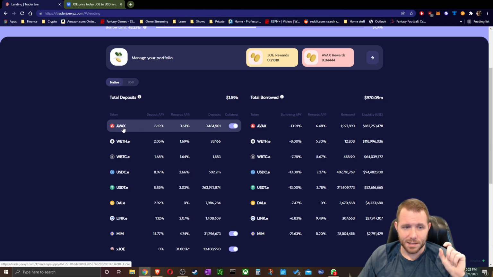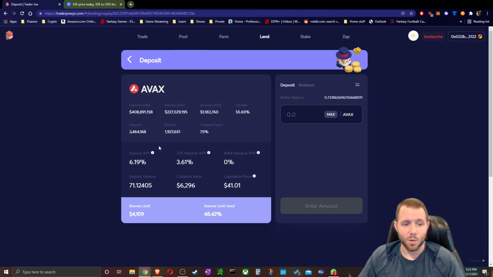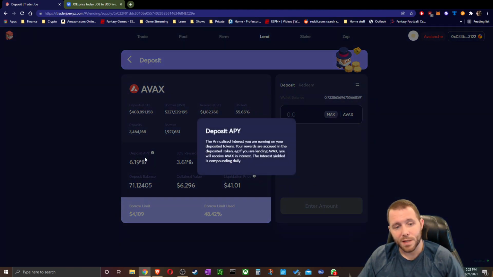So I can provide my AVAX here, and I make a reward just for holding it in here. In this case, I deposited 71 AVAX tokens, okay? First off, I'll get a deposit APY. This is always paid out in the token, and you can click these little info buttons to get an idea here if you ever forget any of this information. So I'll get 6.19% of this back over the year in AVAX, in my Avalanche token.